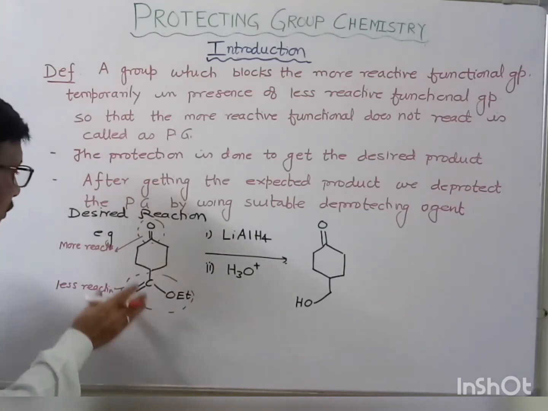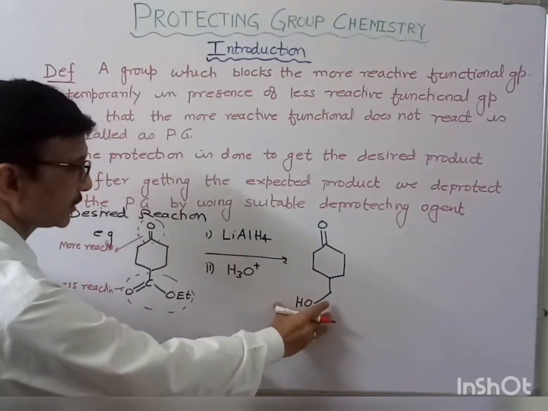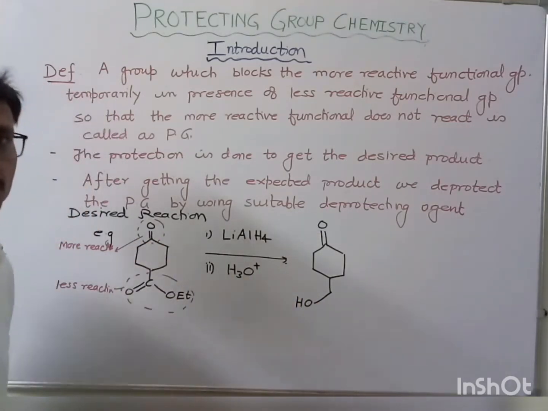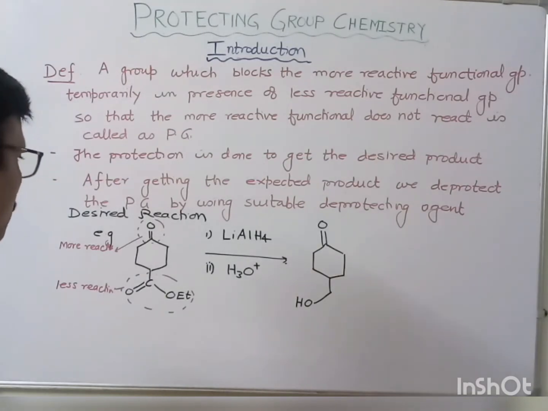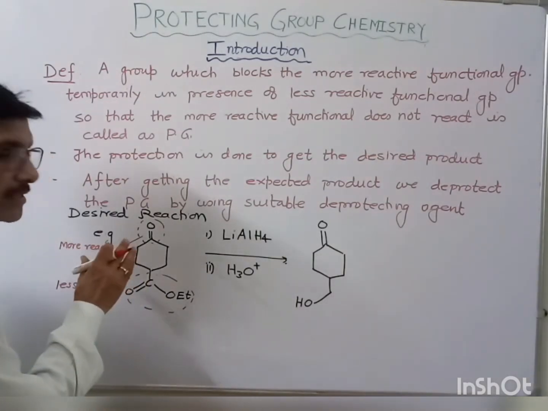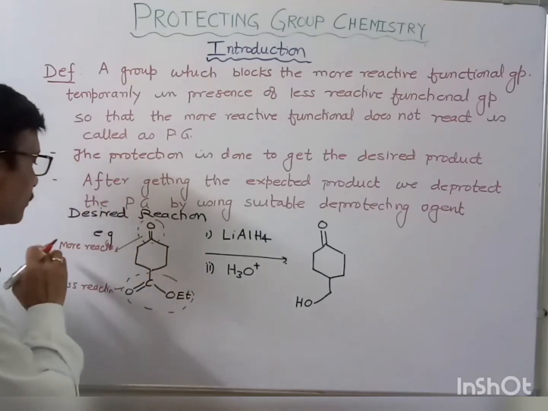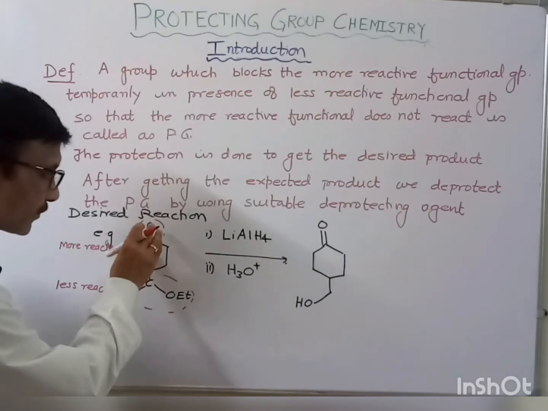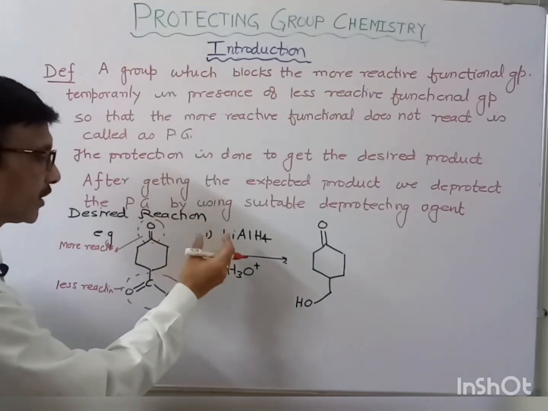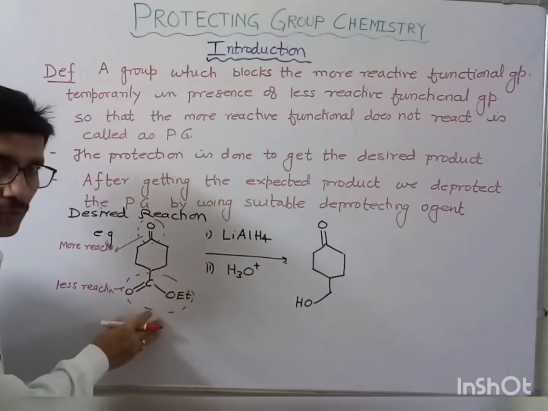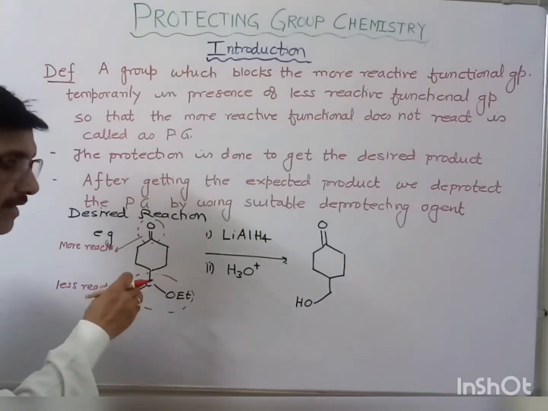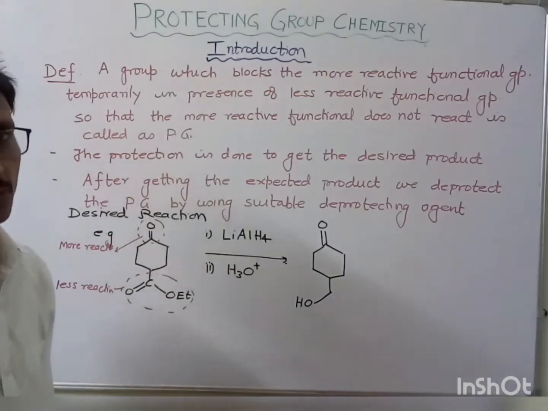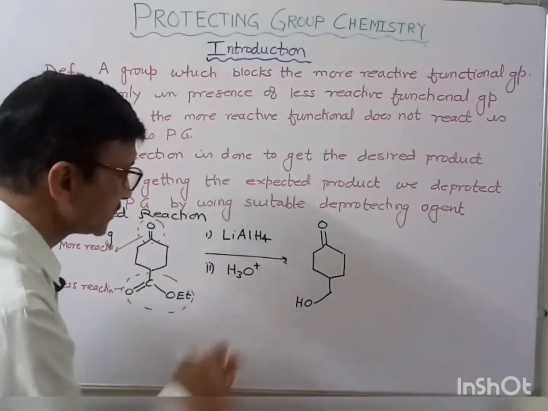So to get this desired product, so that only this ester functional group is reduced, we have to protect this keto group or more reactive functional group first. So after protecting it, then we do the reduction, and then after getting the expected product, we deprotect this keto group.